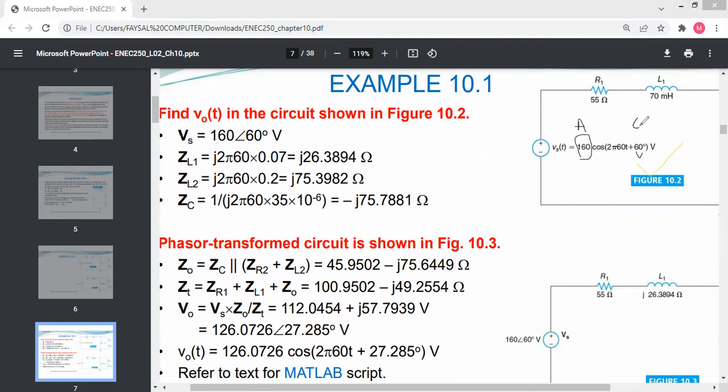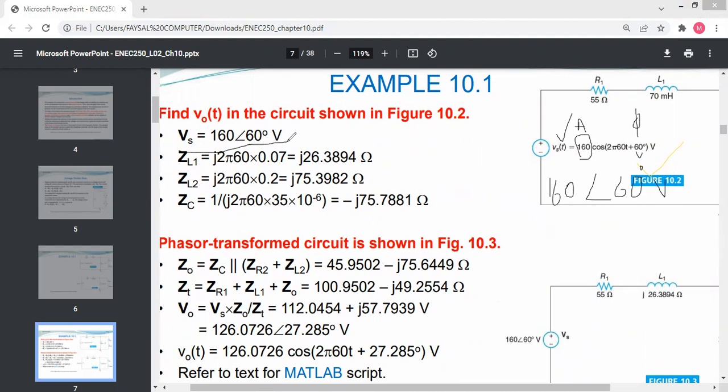So phase having angle 60 degree, it will be written as 160 amplitude with the angle of 60 degree. This is the value of voltage. Because it is a voltage source, the value of voltage is this one.